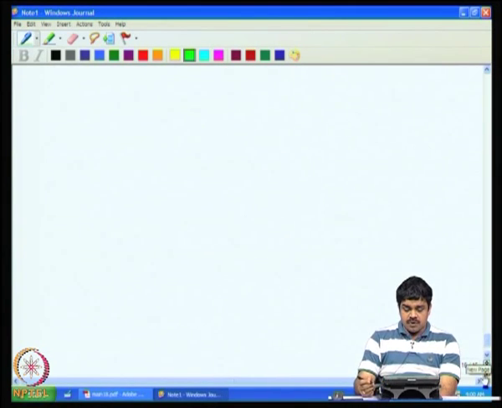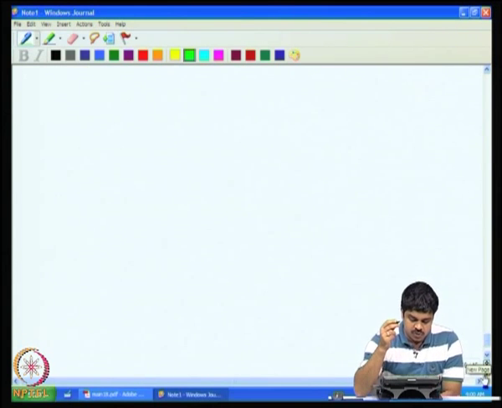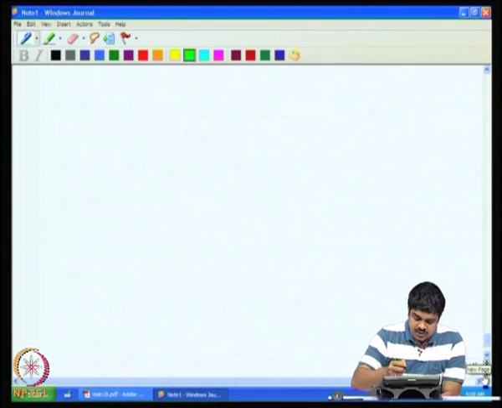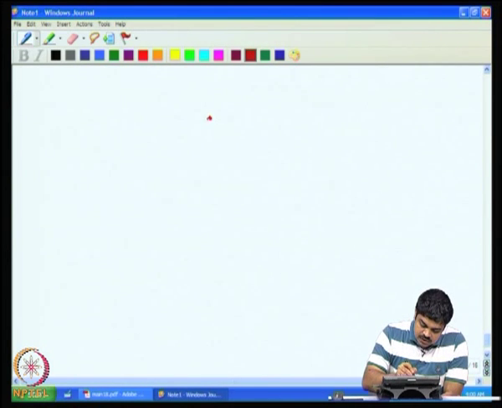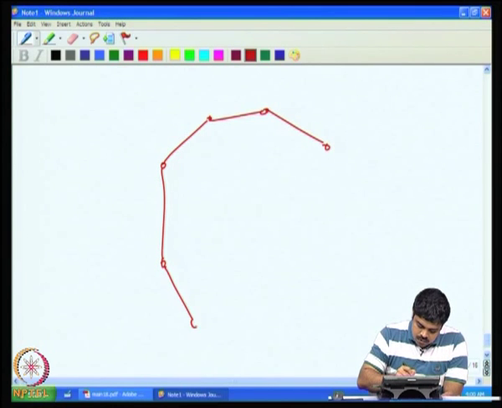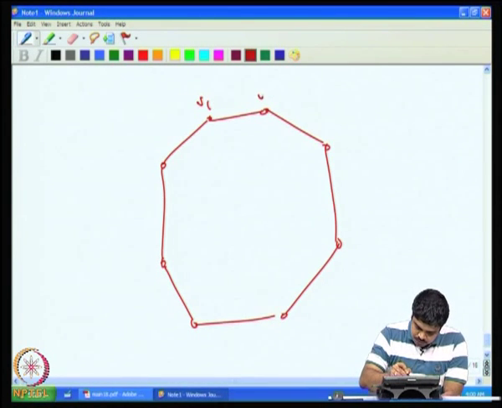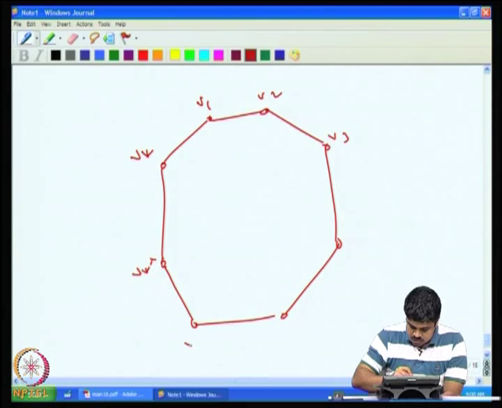Therefore, what we are going to do now is assume that there is no chord. This is our outer cycle: V1, V2, V3, and so on up to Vk, with Vk minus 1 before it.